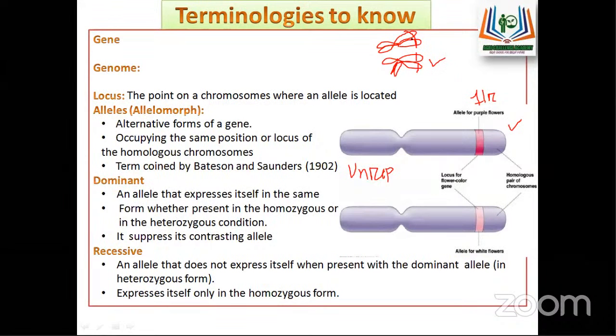Let's say the purple color allele is present here, then in the counterpart, the other chromatid, the same purple color allele will be present. And if the white color allele is present here, in the counterpart chromatid also the white color allele will be present, right?